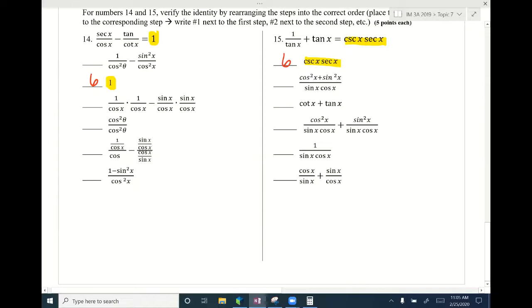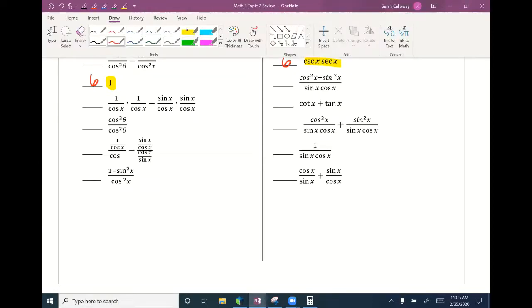So whatever's last, count how many steps there are, that's the last step. So manipulations are going to go kind of in order. So I have secant x over cosine x minus tangent over cotangent. So the strategy that we just used, where we're changing things to sines and cosines, if you look at our steps, that's what they did. So what I'm looking for is something that changed each numerator to what it's equal to.